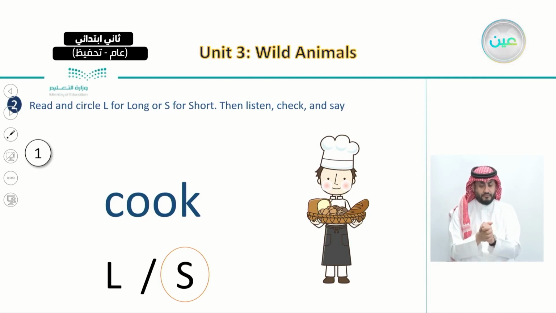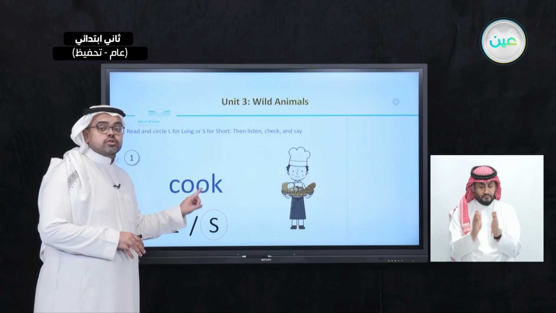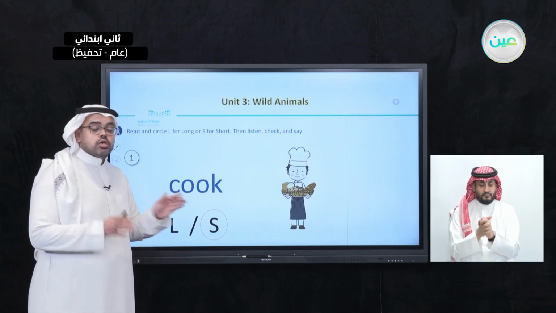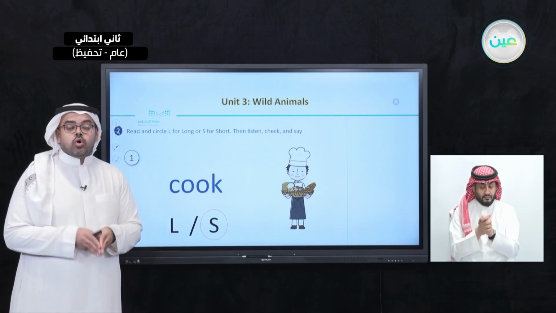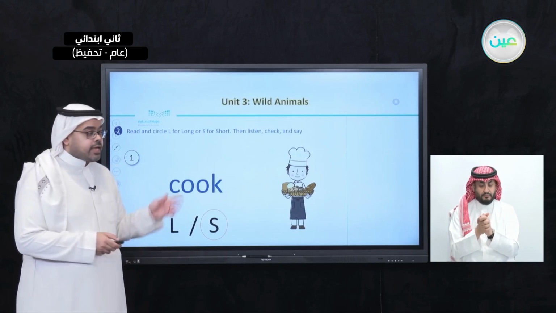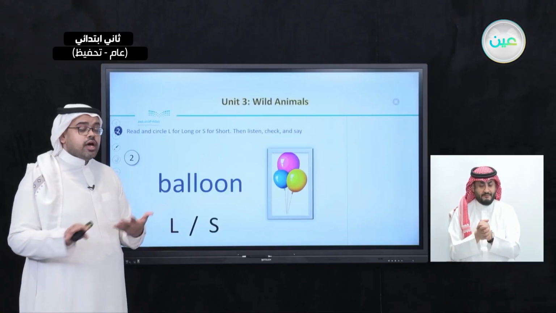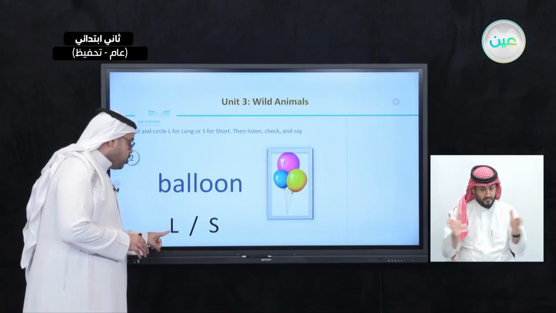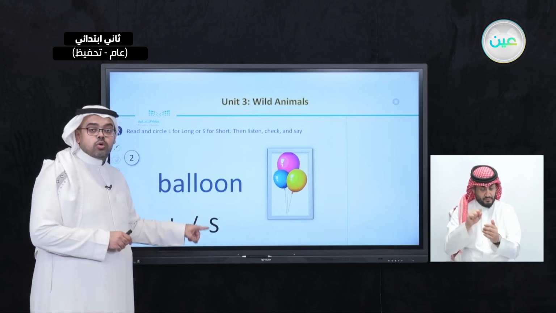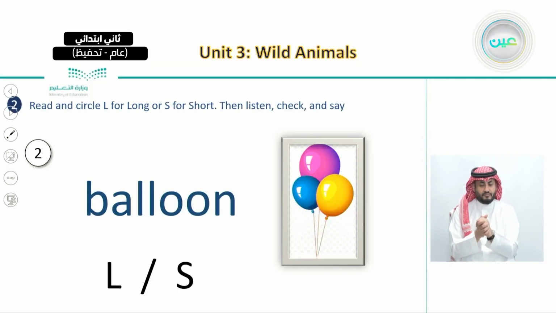So cook is an example of a word that has the short form of double O's. Now let's listen to number two. You're going to read number two and listen to me pronouncing this word. And after I do this, I would like you to decide whether it has the long form or the short form. So let's begin.